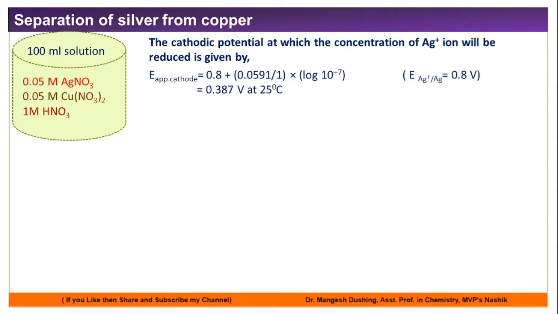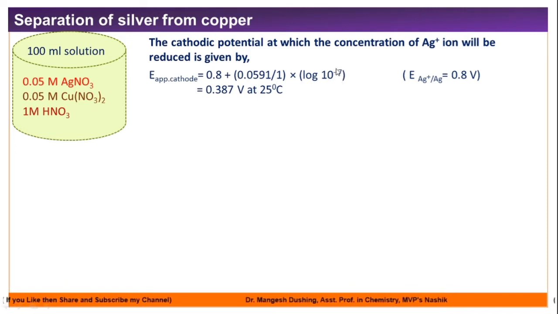Suppose that the concentration of Ag+ ions is reduced to a great extent, that is around 10^-7 molar. Then the potential applied to this cathode is equal to 0.80, that is the standard electrode potential for the silver solution, plus 0.0591 divided by 1, this one is the number of electrons involved, into log of 10^-7.